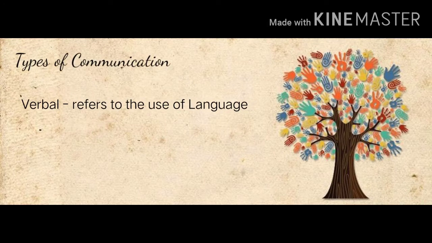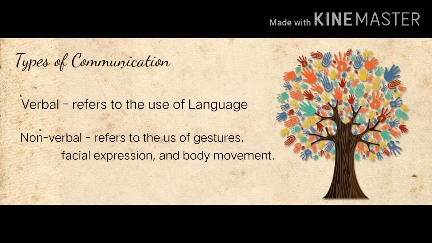Verbal communication. This refers to the use of language, or it is a way of sharing information with the use of speech. In other words, it is a type of communication that uses spoken words to communicate. The second one is nonverbal communication. This refers to the use of gestures, facial expressions, and other body movements.